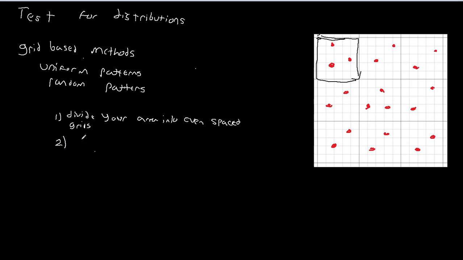The second is to figure out how many points are in each grid. So you're literally going to count. This grid has 3, this grid has 2, this grid has 2, 2, 3, 2, and so on.